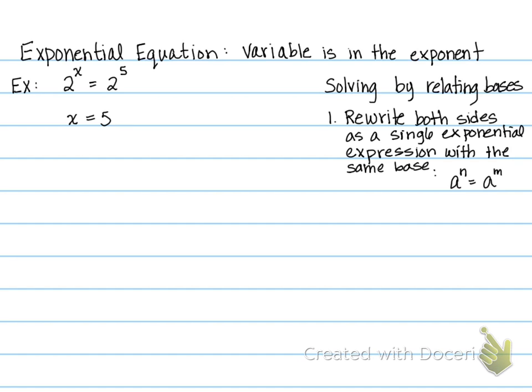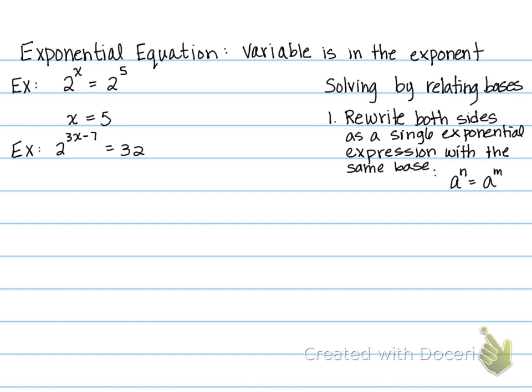But if we can, then we can relate the bases and say that the exponents have to be equal to one another. So for example, if I had 2 to the 3x minus 7 equals 32. So the general approach I take when trying to relate the bases, so trying to do that first step where I write both sides as a single exponential expression, is I just do the prime factorization of any numbers that aren't in the exponent.